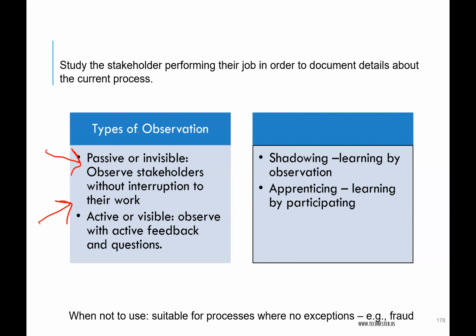Now, let's look at an example where observation may not be ideal, especially active observation. Many of us are used to police officers or traffic wardens, as they're called in some parts of the world, that direct traffic.